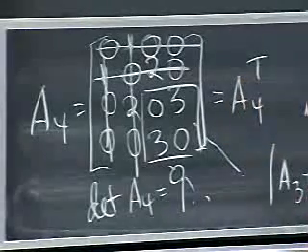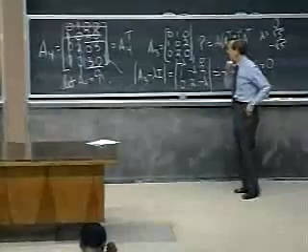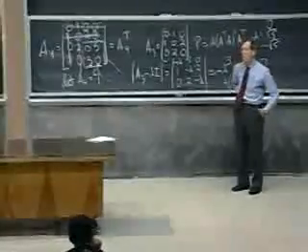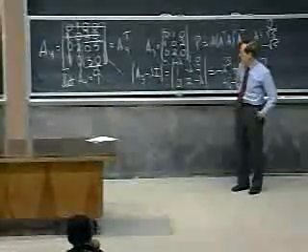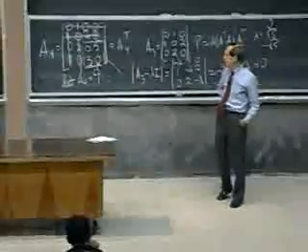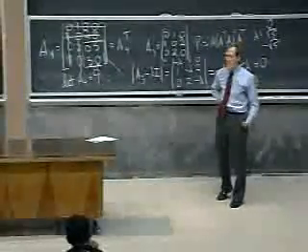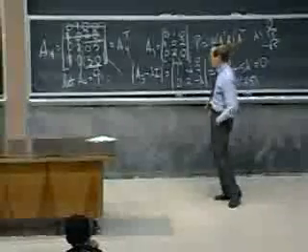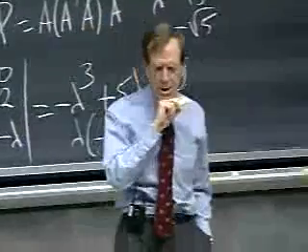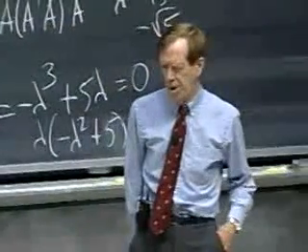Okay. My guess, and I'll put that on the final this year, is that probably the odd numbered ones are singular and the even numbered ones are invertible. And I don't know what the determinants are, but I'm betting that they have some nice formula.